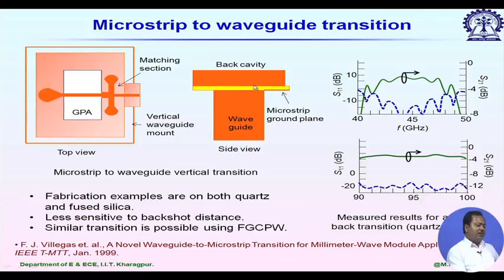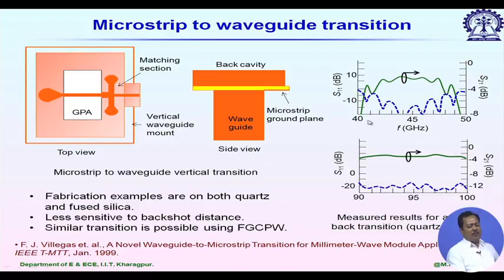So, from the microstrip line, power is now coupled into the rectangular waveguide, and here it shows the measured performance of a back to back transition. That means, from microstrip line to rectangular waveguide, and again from rectangular waveguide to microstrip line, and this is the measured S parameters.